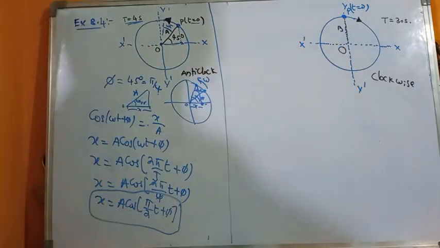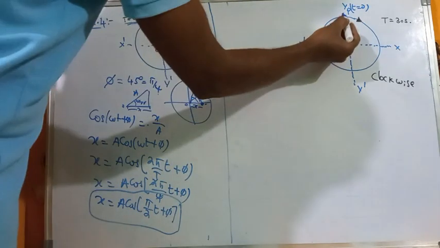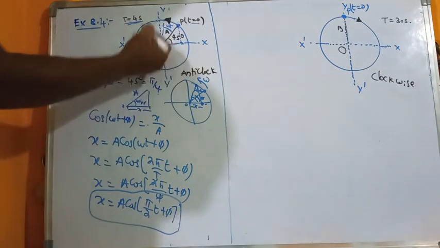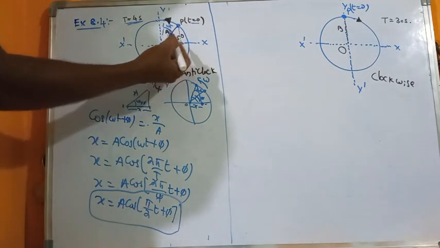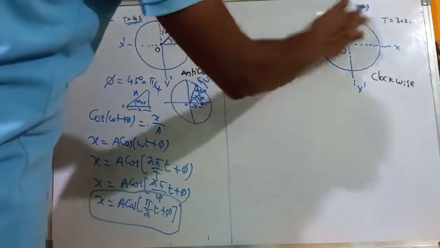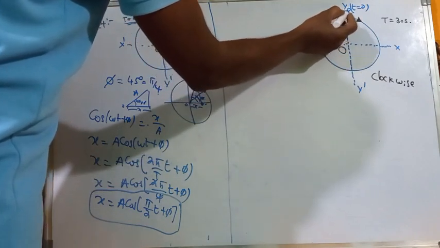In clockwise direction, we are taking the reference line as different. In anti-clockwise direction, we are taking the x-axis as the reference line, and while it is performing the clockwise direction, the positive y-axis we have taken as the reference line.